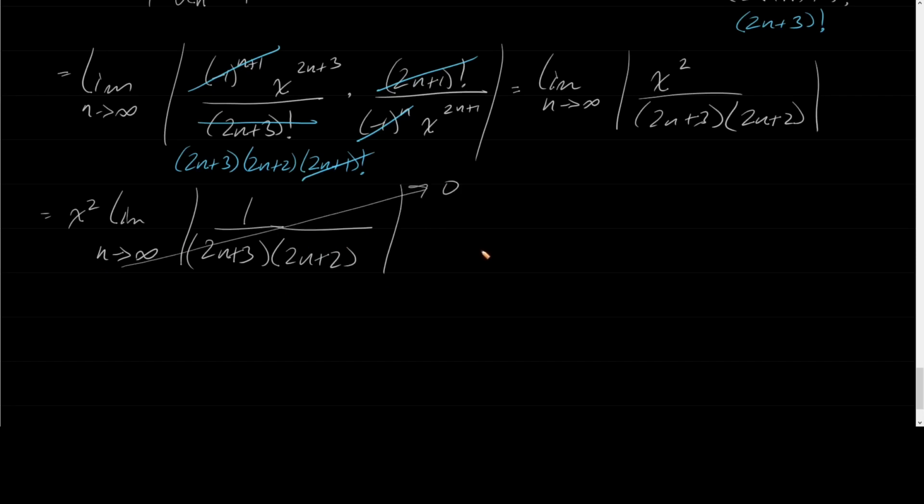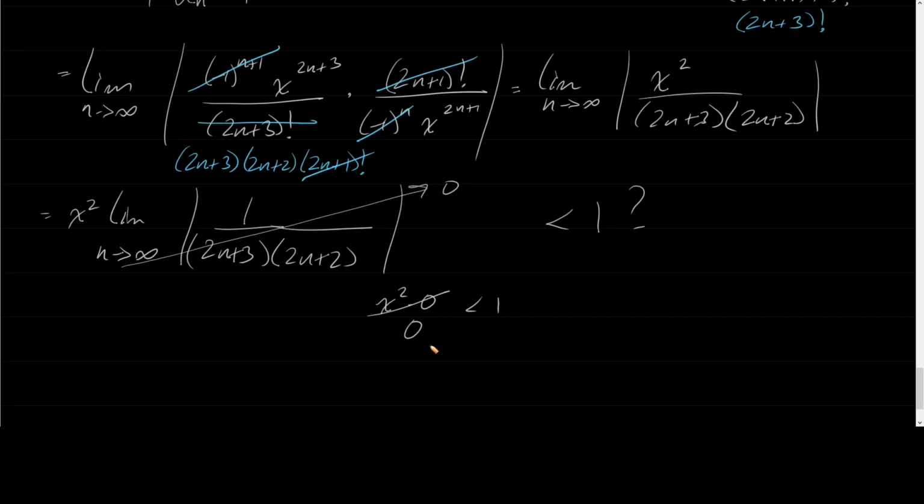So what we really have here is x squared times 0, and we want that to be less than 1. Well, for any fixed value of x, x squared times 0 is just 0, right? So when is 0 less than 1? Always. It's always less than 1, right?